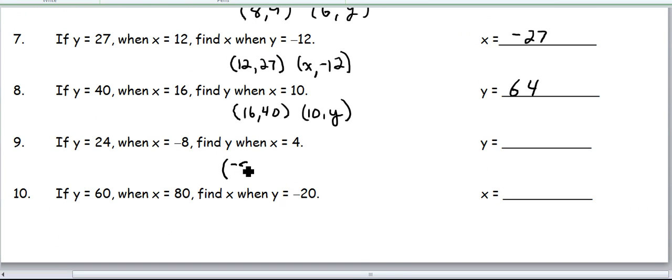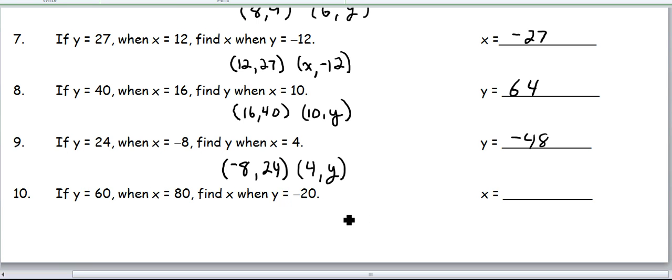We have negative 8 and 24. And we're going to find y. We know that x is 4, and we need to find y. So we're going to do negative 8 times 24 divided by 4. And that gives me negative 48.